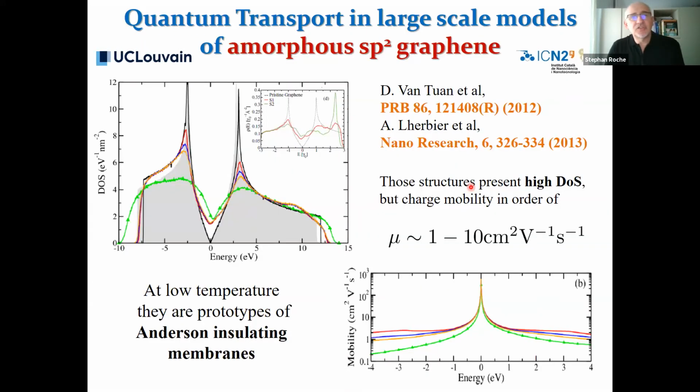When we use these methods, we conclude not that the system is a metal, contrary to the previous paper I mentioned. Although the density of states is increasing, these states that are created by defects are not promoting the mobility. On the contrary, mobility remains quite short, because there is a lot of scattering that occurs at these energies, and eventually at low temperature, the system will become an Anderson insulator.